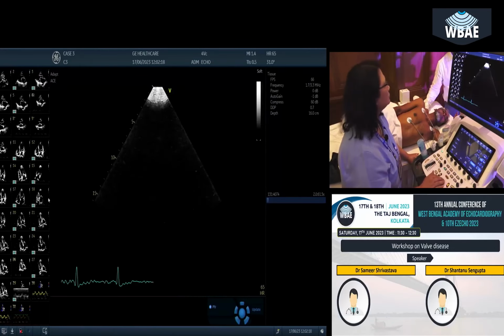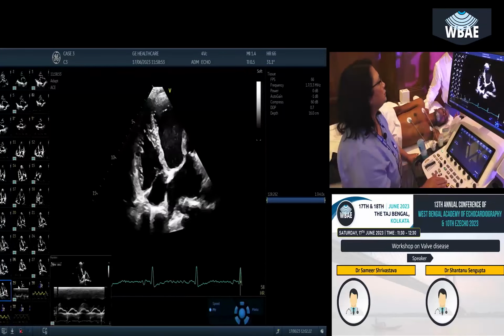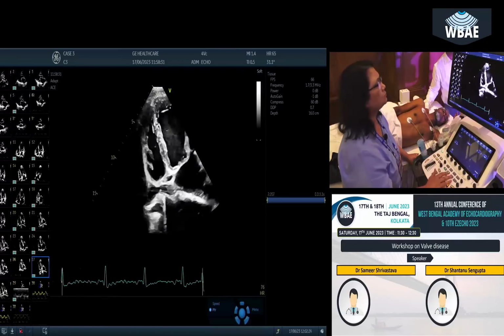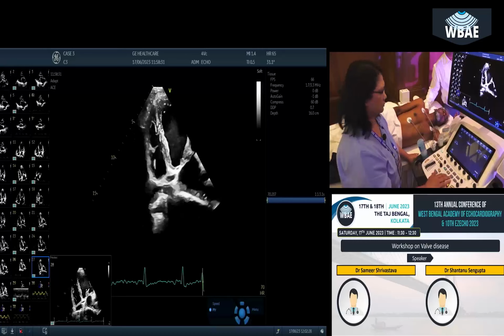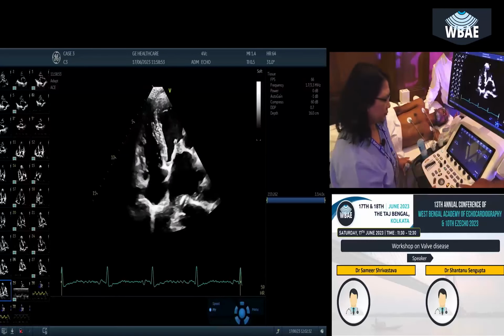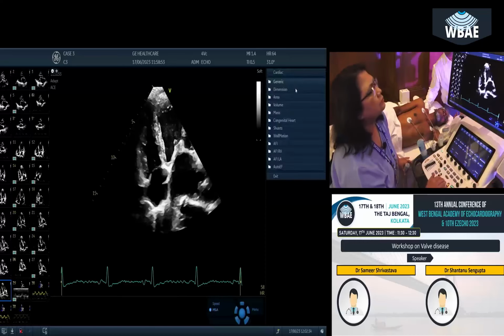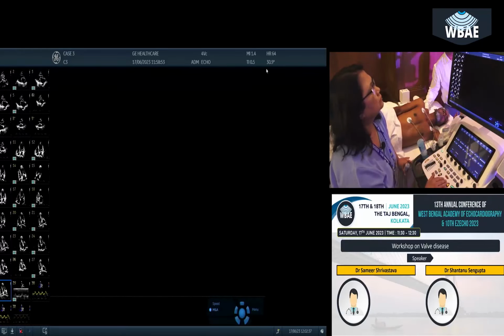So the RV strain analysis, as Sir was telling, they now have dedicated software for LA, RV, and LV. If you don't have it, you can still use the software of LV because we have been fooling. So LV software can be used for RV, but for LV, can you use it for LA?